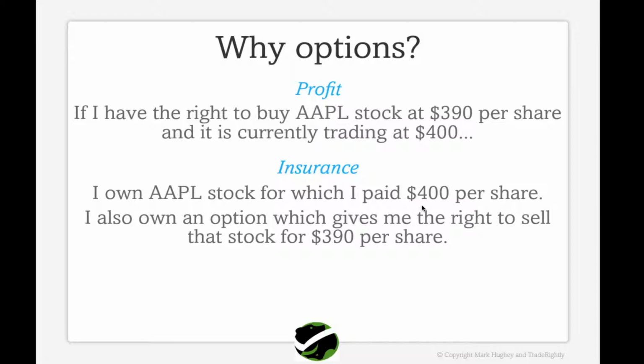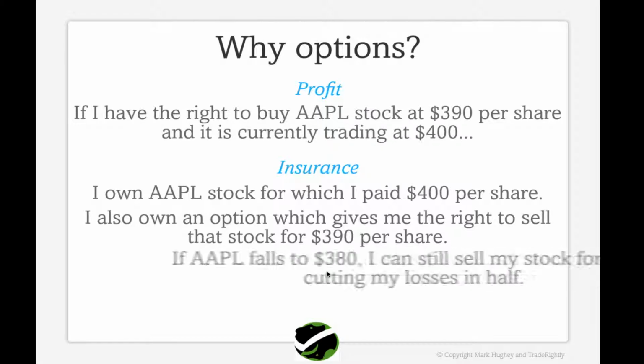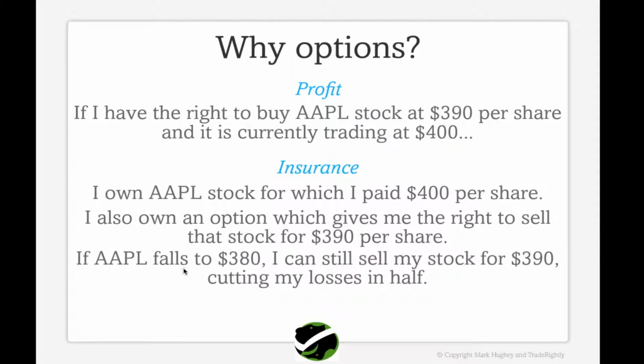If I bought it for $400, why would I want to sell it for $390? So that doesn't make a whole lot of sense. But what happens if Apple tanked and fell all the way to $380? I can still sell my stock for $390 per share, which effectively cuts my losses in half.